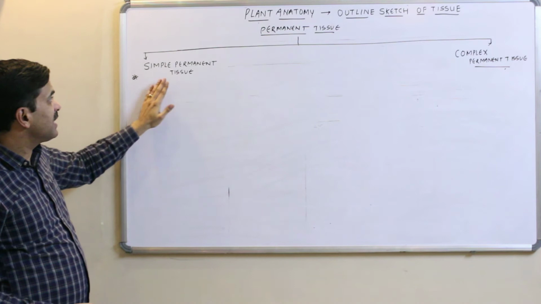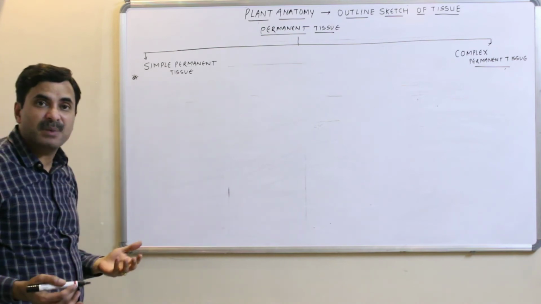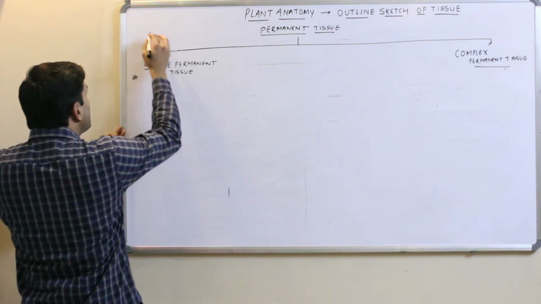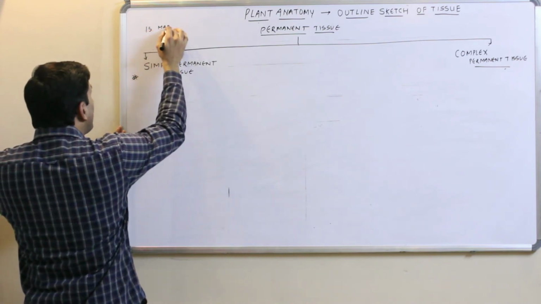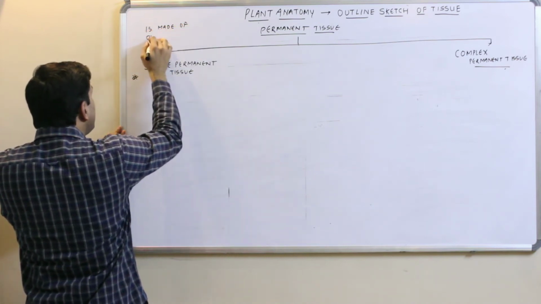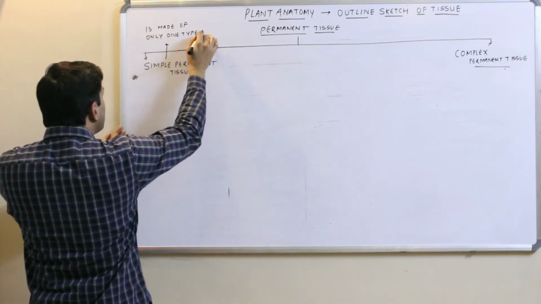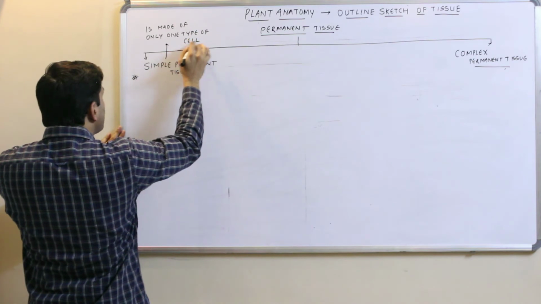Now the question arises, why is the simple called simple? Because this is made up of only one type of cell. Simple permanent tissue is made of only one type of cells, hence called simple.